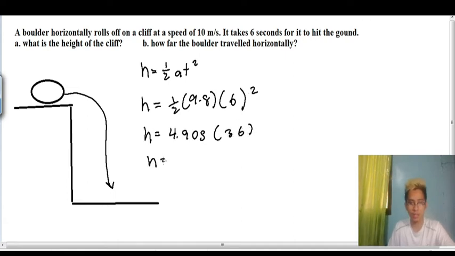So height is equal to 4.905 times 36. The height of the cliff is 176.58 meters.